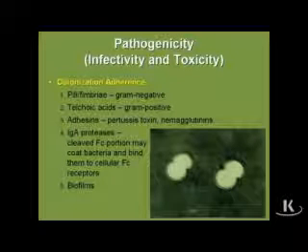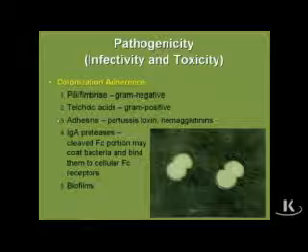In addition, we have adhesins, and pertussis toxin is a good example of an adhesin that also helps with attachment. I always tell my students when I do the live lectures that if you are a mucosal pathogen that's worth your weight, you're going to have an IgA protease. Why do you think that is? Because the number one protection at the mucosal surfaces is IgA. If you can degrade it, you are home free, okay?